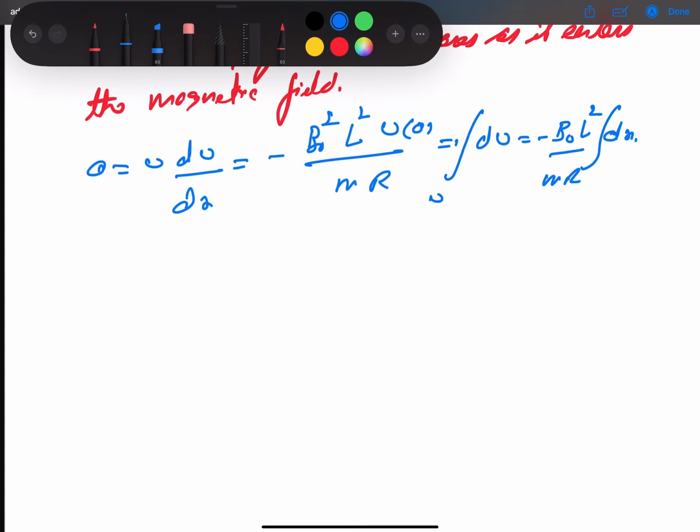So it starts with v naught and goes to a velocity v, and distance varies from 0 to x.